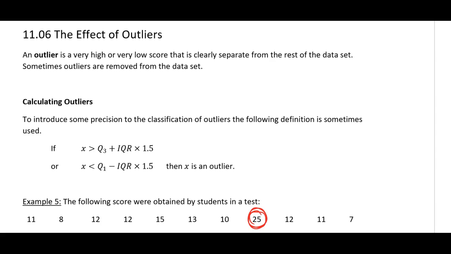Also, it makes a big mess of our range where we have an outlier, because by definition, these scores are out at the edges of our data where we calculate our range. And if that's not like the rest of the data, then that measure of range, of how spread out the data is, could be a bit misleading.